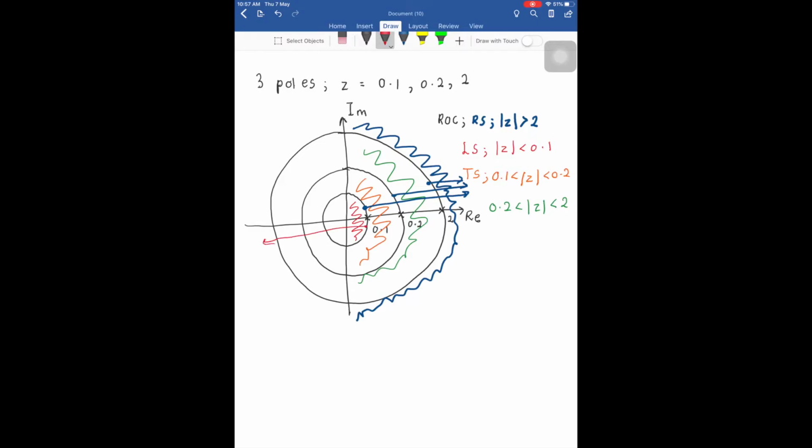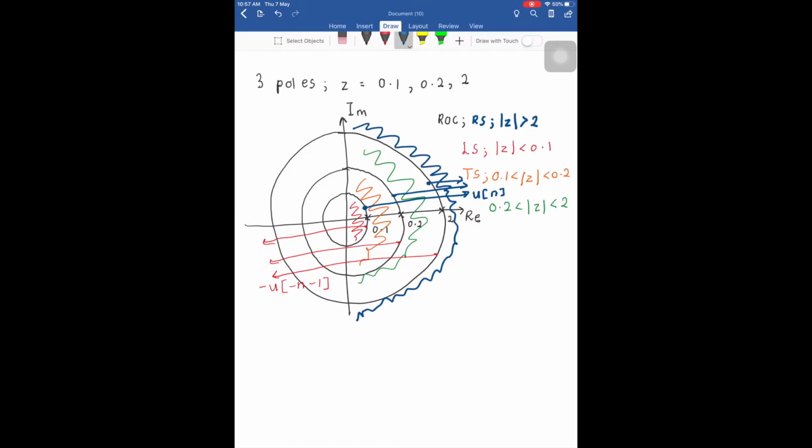Again, you don't have to worry. Left-sided region is represented by minus u of minus n minus 1. Right-sided region is represented by u of n.